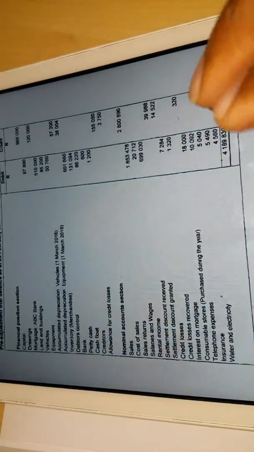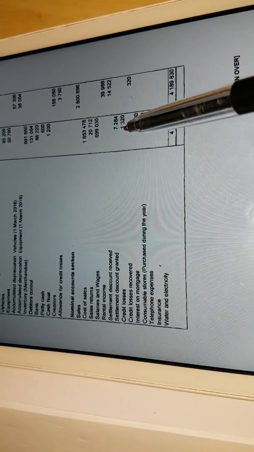So let's see what we have on the transaction. We've been given that our sales was 2,800,896 and our sales returns was 20,712, and the discount which was granted for those sales was 7,284.